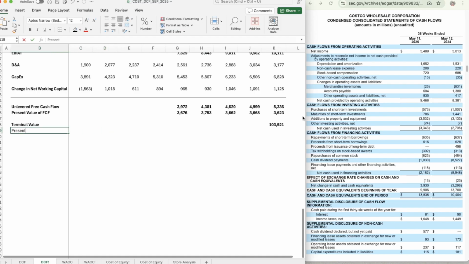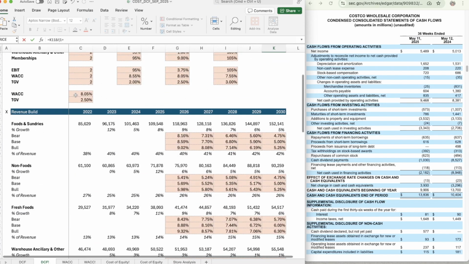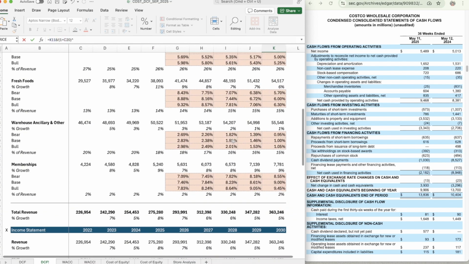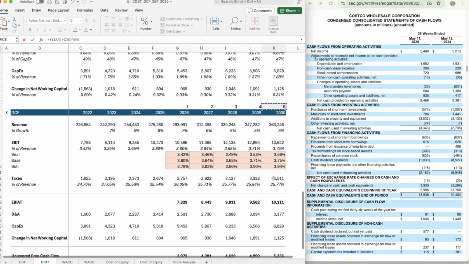Now we need the present value of terminal value. Again, that's easy. You take the terminal value divided by 1 plus the WACC to the power of the final year, the 5th year.